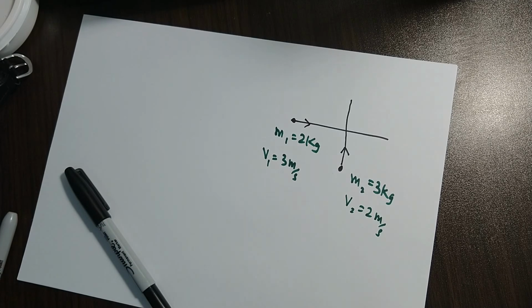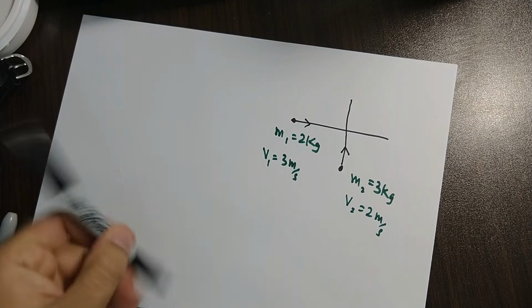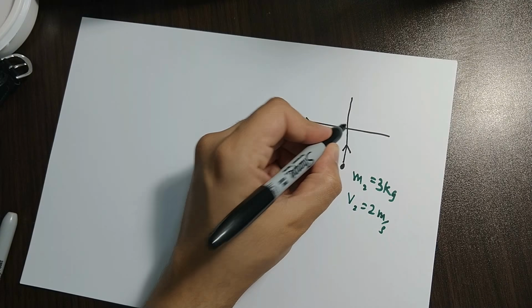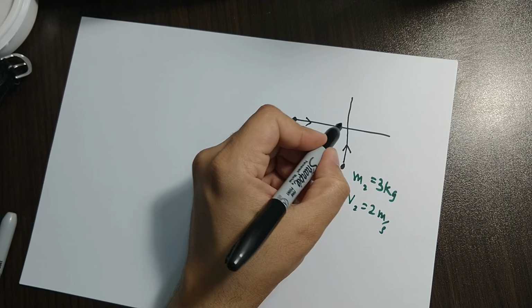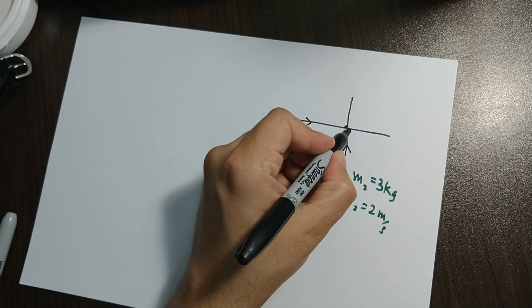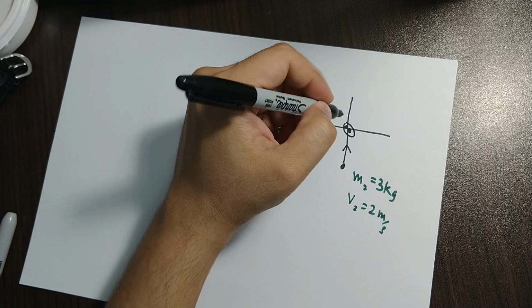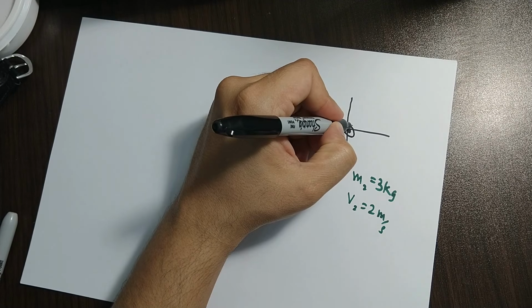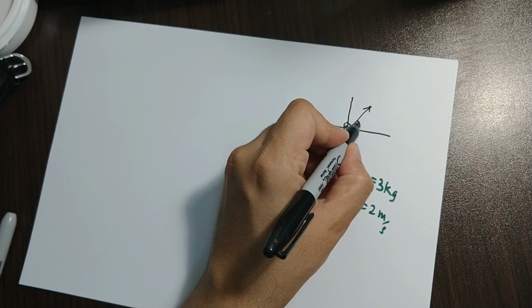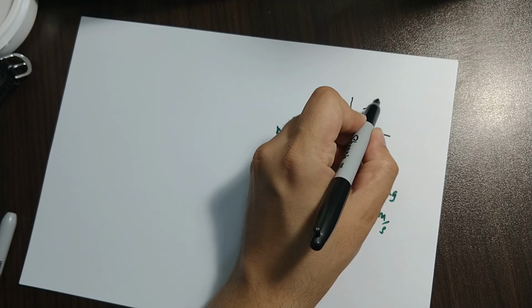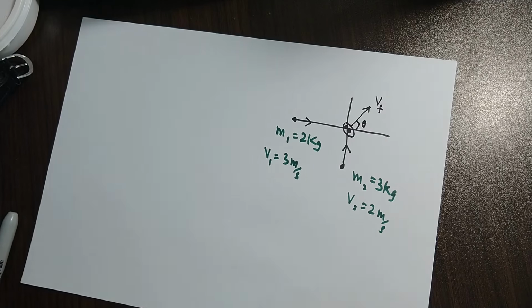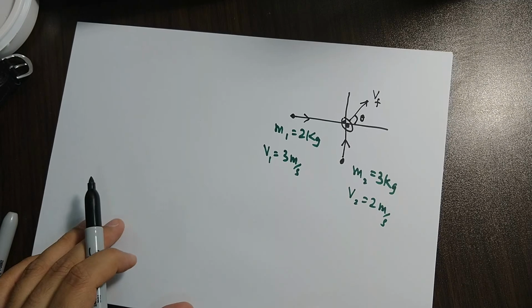Now, what happens is that they collide. We set up the problem in such a way that they collide at the origin, okay, and then they both move as a blob in some direction over here. So we have to figure out this angle theta and the velocity of this blob. Okay, so we'll use conservation of momentum to figure this one out.